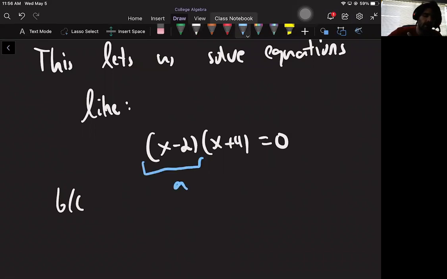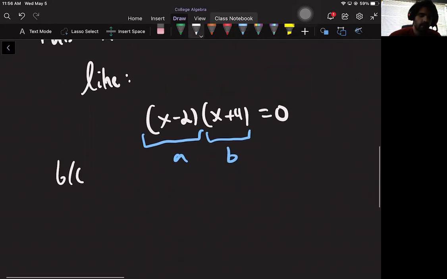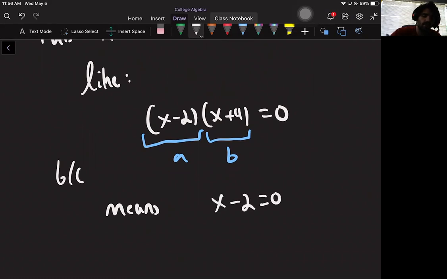So this is sort of acting like A and B here, multiplying two things together and they're equaling 0. But that just means that this is going to be 0 when either one is 0. So I just have to think about when is x minus 2 0? Or separately, when is x plus 4 0? So you see these are acting as my A or B being 0.